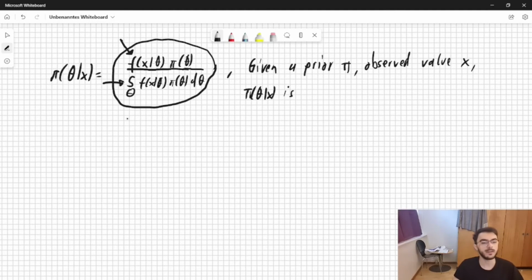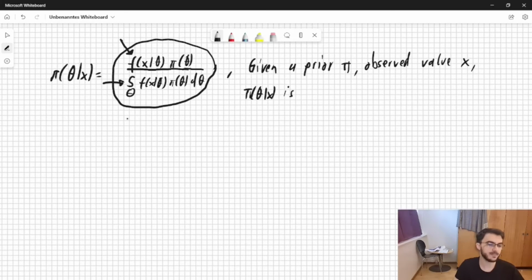Here we completely integrate out theta, so whatever is left depends on x, but if we have the value of x, it's just some constant. And a positive constant does not change a distribution, because we already know that the whole integral has to integrate to 1, or the whole sum has to sum to 1, depending on what kind of distribution you have. And so really what we only care about is the numerator.